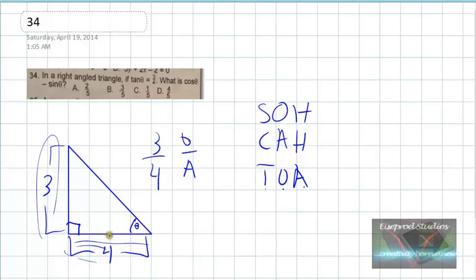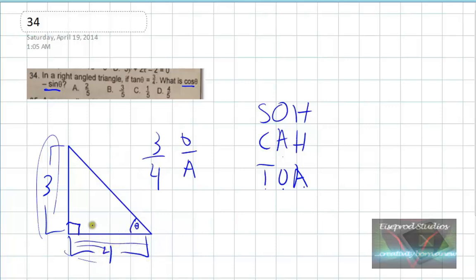And so they want us to figure out what cosine theta minus sine theta is. So what is cosine? Cosine is taking the adjacent over the hypotenuse. So this is the adjacent length to the angle, and here's the hypotenuse, but we don't know what the hypotenuse is.